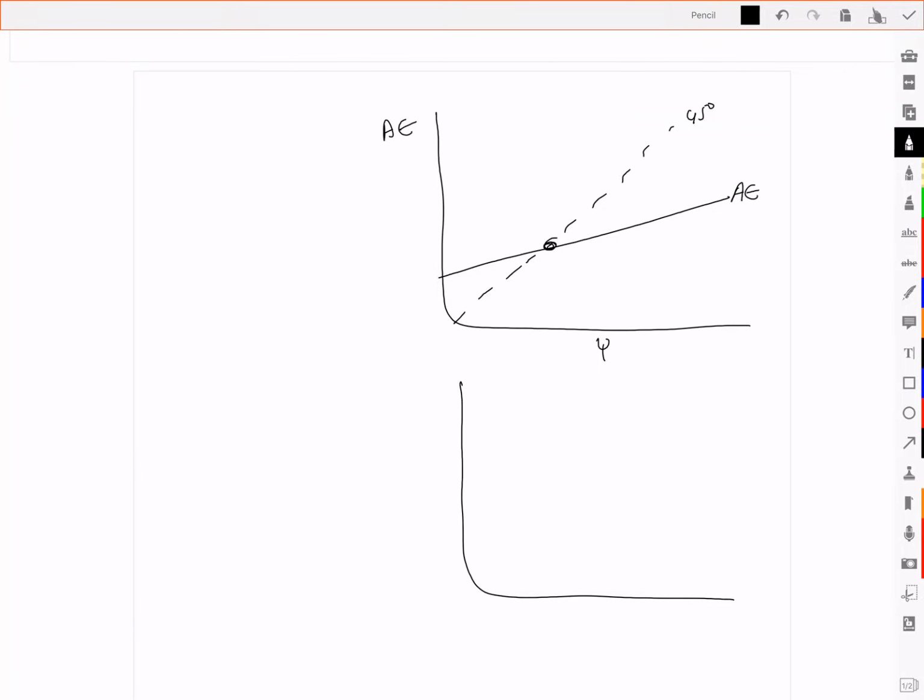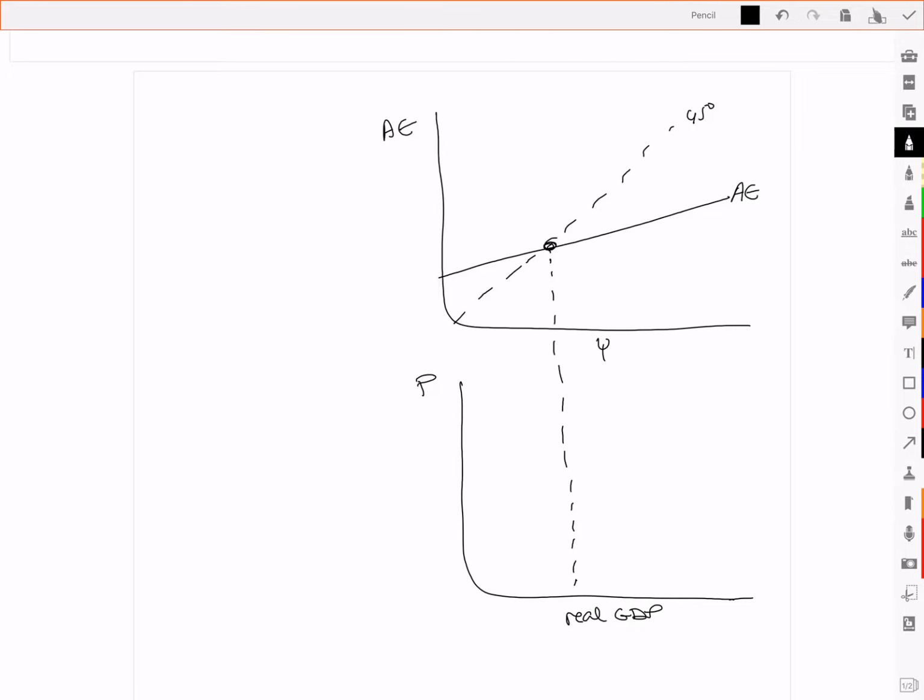Now below that, let's create another graph, and let's label the bottom as real GDP, and the vertical is going to be our price level, some measure of inflation, like CPI. So it's going to be a price index. Now, income is a measurement of GDP. National income is one way to measure GDP.